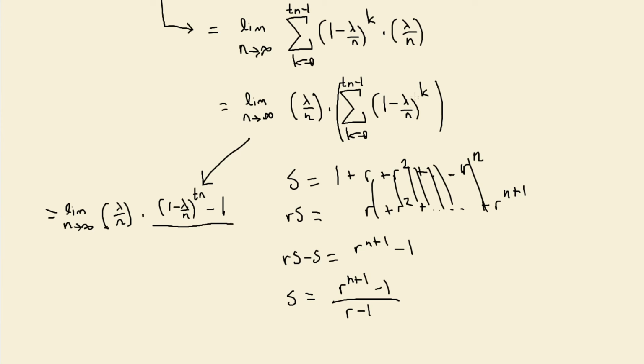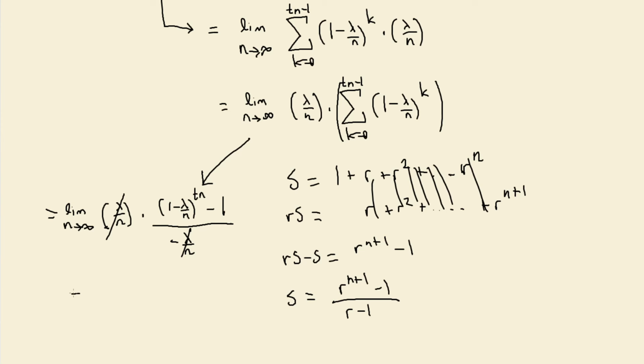And so our r here is 1 minus lambda over n. 1 minus lambda over n minus 1 is just negative lambda over n. And so quite nicely, this lambda over n is going to cancel with this one. And instead of having this negative 1 in the denominator, I'm just going to multiply the top and bottom of this fraction by negative 1.